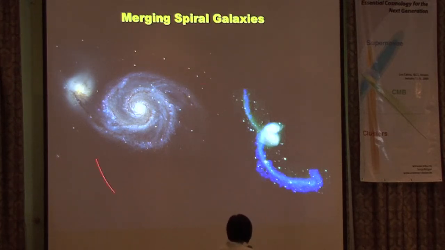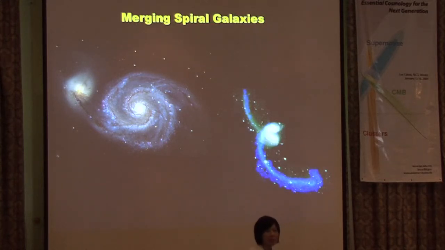And this is believed to be the way that elliptical galaxies, at least the run-of-the-mill elliptical galaxies, are formed through mergers of two spiral galaxies. So there are abundant examples of such systems in the universe, and a very large burst of star formation often accompanies such processes.